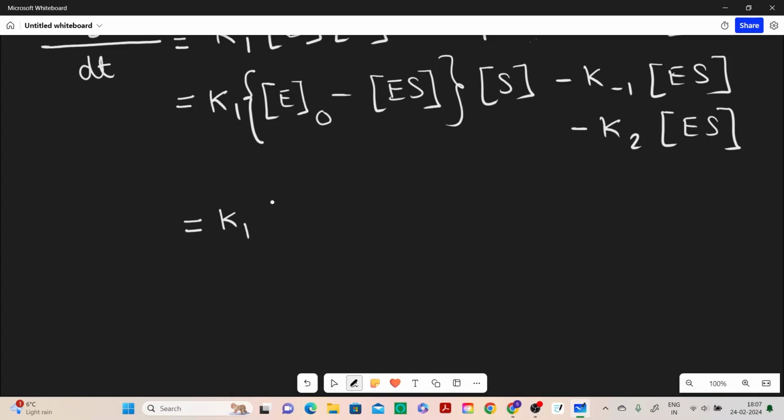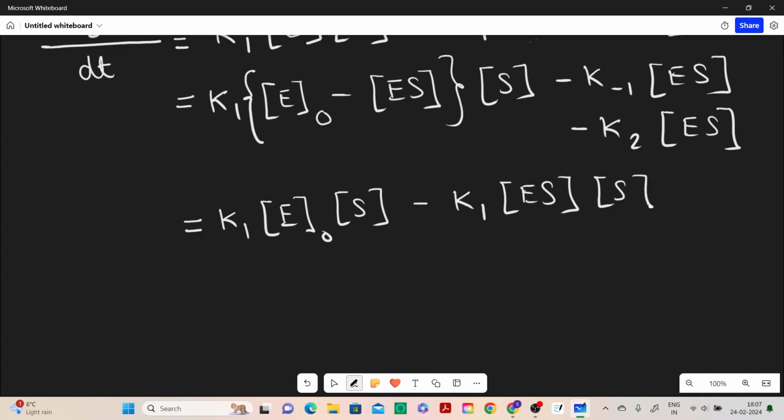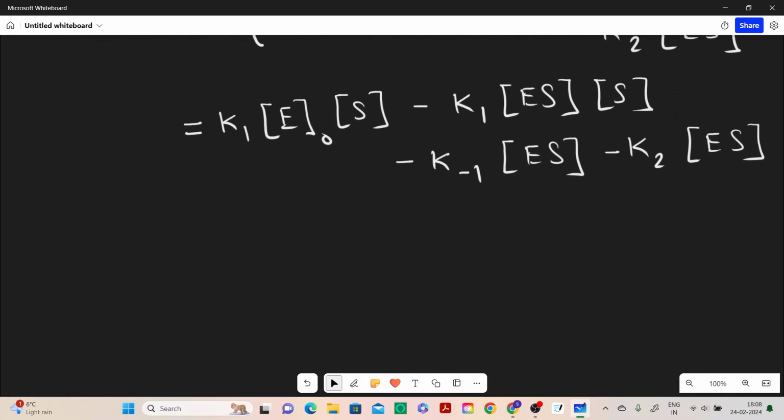We will just remove all the brackets and multiply this thing like this, and we can actually do one more step here.